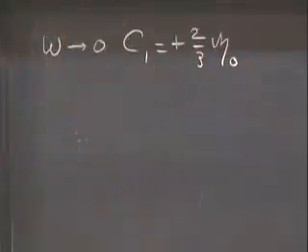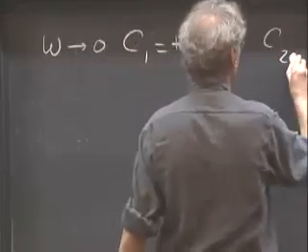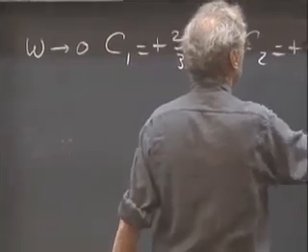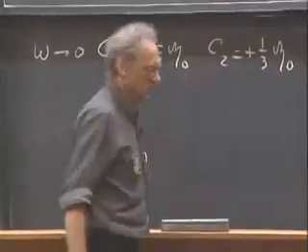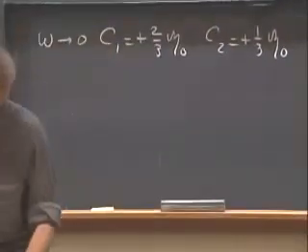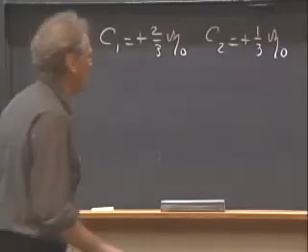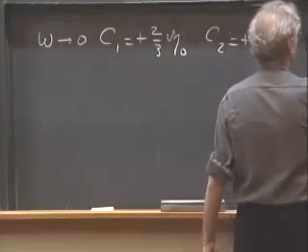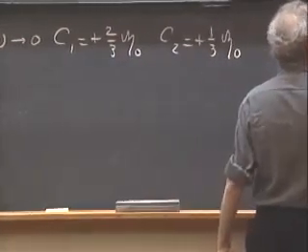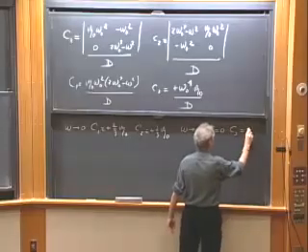You can confirm that by substituting that into C1. You will see that that's what happens. And you'll find that C2 is plus 1/3 eta 0. So that is at omega equals 0. And when you go to infinity with frequencies, then it should not surprise you that C1 is 0 and that C2 is 0.